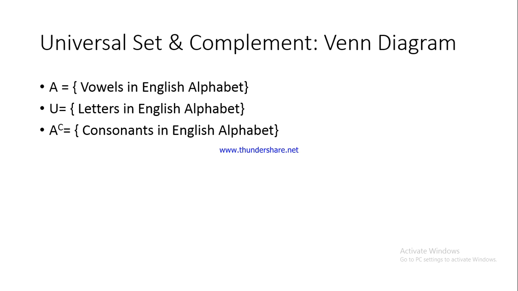And we had also talked about the Venn diagram which can be used to represent the sets, and we discussed how Venn diagram is used to represent the universal set and its complement.